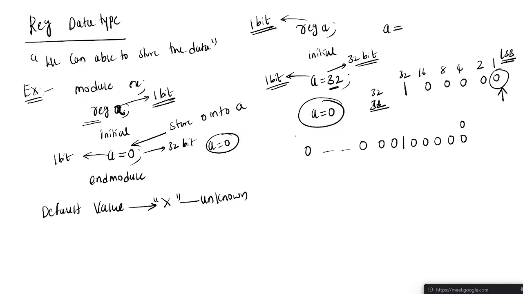So this is the 0th bit and this is the 31st bit. You declared a reg A, no? This is only 1 bit. Only the LSB will be stored, so that is equal to 0. Is it fine? Did you understand? Whatever that LSB value is, that will be stored.